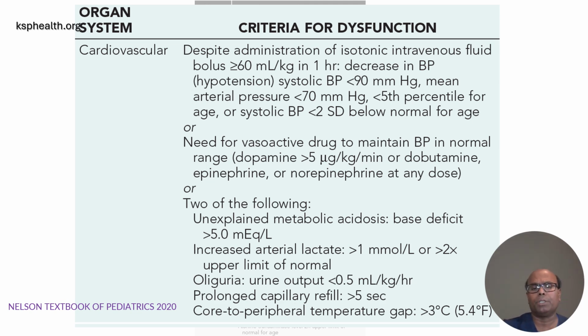Despite fluid administration of more than 60 ml per kg in 1 hour, continued hypotension in spite of fluid challenge, or need of a vasoactive drug to keep the target MAP, mean arterial pressure, or two of the following: metabolic acidosis, increased arterial lactate, oliguria, prolonged cap refill, that means more than 5 seconds, and core to peripheral temperature gap of more than 3 degrees Celsius or 5.4 degrees Fahrenheit.